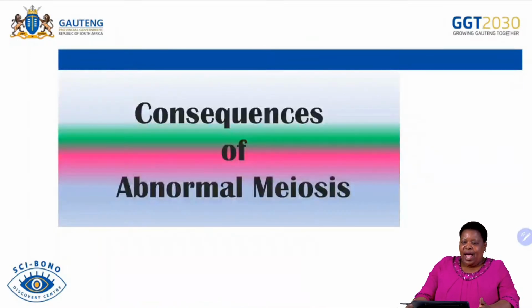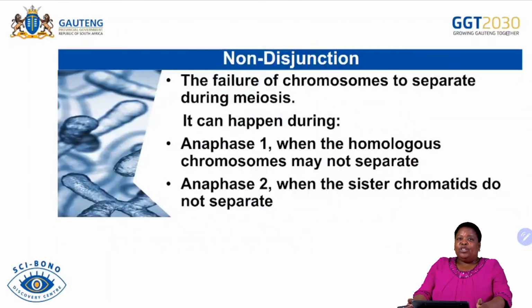Now, we are going to do consequences of abnormal meiosis. What is going to happen should meiosis go wrong? What are the results of abnormal meiosis? Some of you do not know what non-disjunction is.